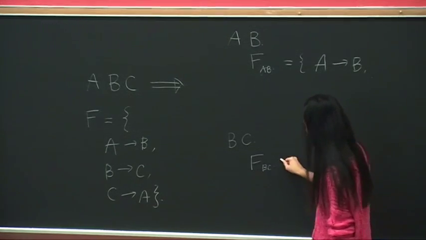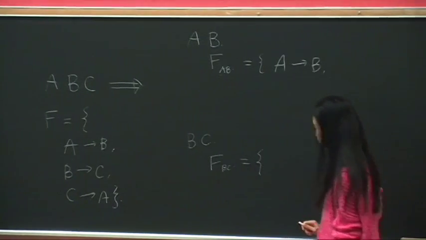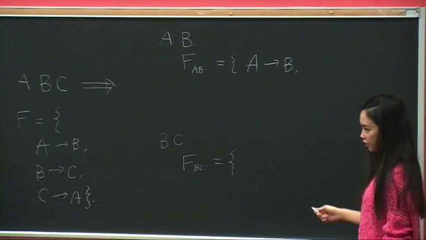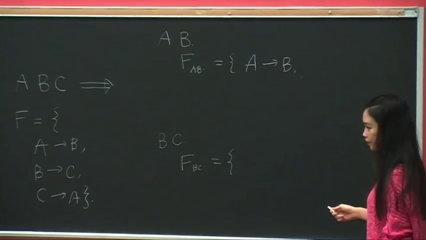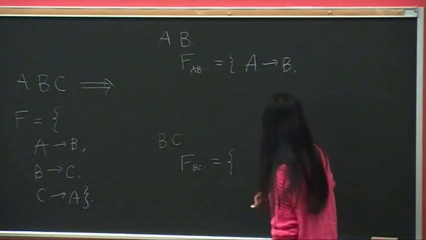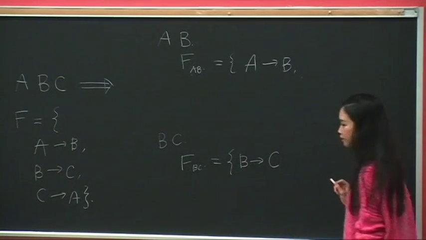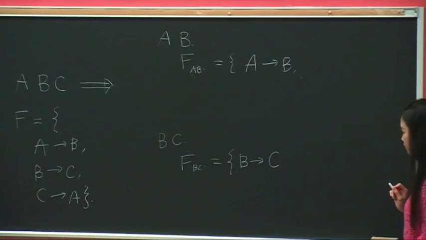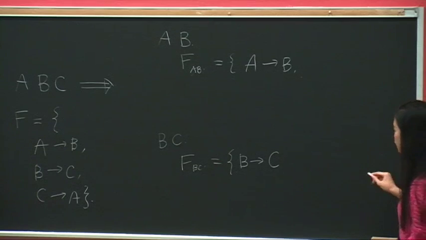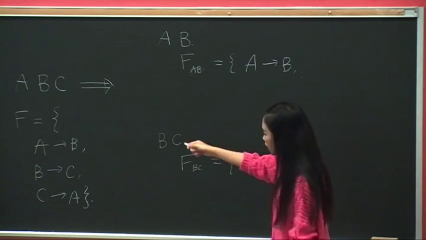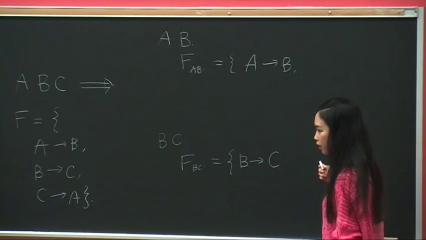Then let's take a look at this one. Which one do you think satisfies the projection of F on BC? The second one, right? Okay? So far we have these. And you might think, okay, let's just take a union and then check whether the closure is the same.